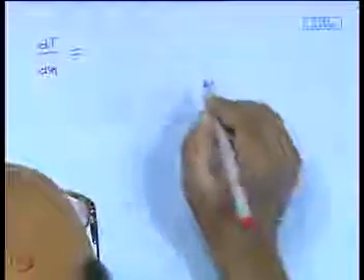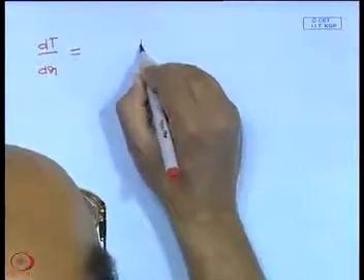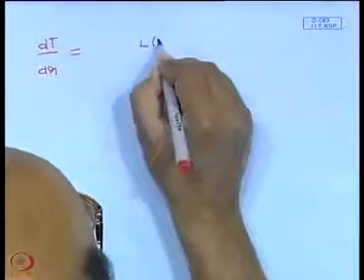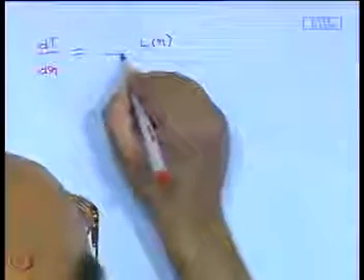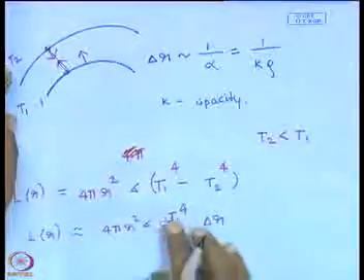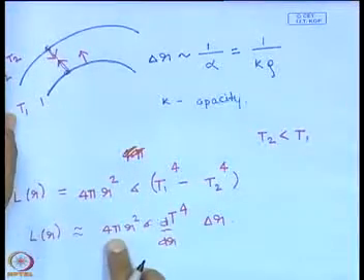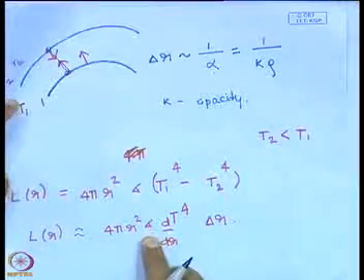So, this will be equal to the luminosity at that point divided by, I will get a factor of 4 when I differentiate this, so I will have 16 pi r square, the Stefan-Boltzmann constant, T cube.